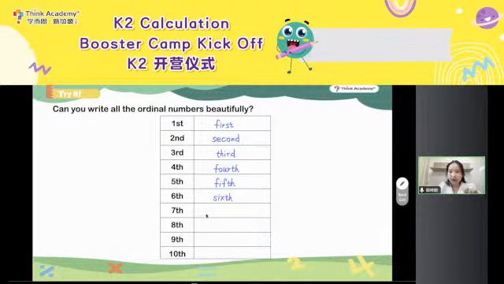How can we write 7th? So first of all, we can write down 7, adding th. Okay.